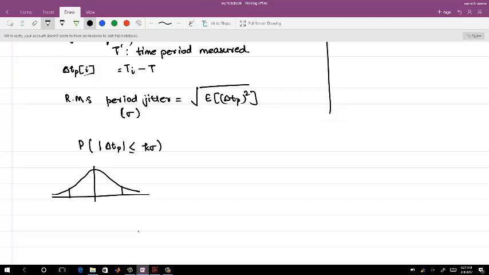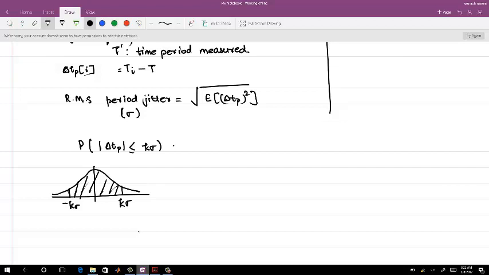So if I say this is minus k sigma and this is plus k sigma, then when I am measuring the number n, it will come from here. So what is the probability that the value I am sampling lies between minus k sigma to plus k sigma.